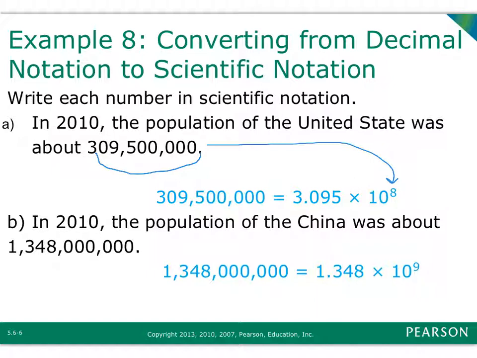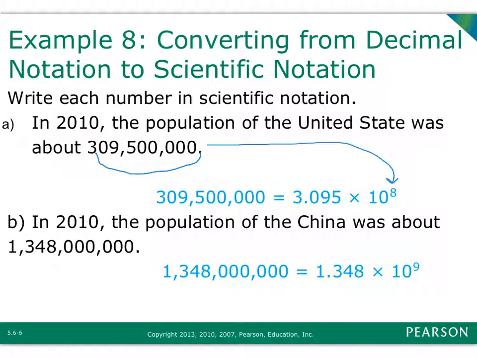So part B says, in 2010, the population of China was about 1,348,000,000 people.